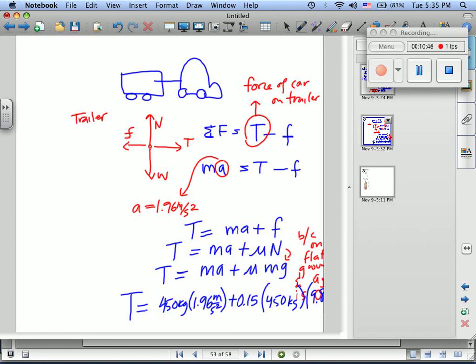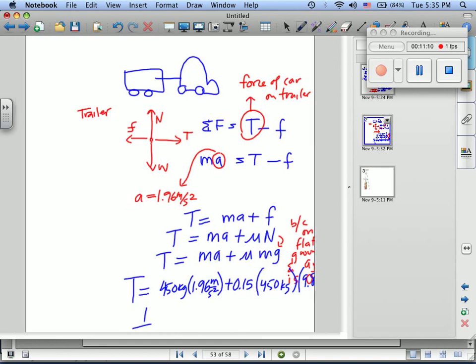I don't need to worry about a negative sign because the very first line of the problem includes the direction. Now I'm ready to calculate. And I got a tension equal to 1544 newtons.